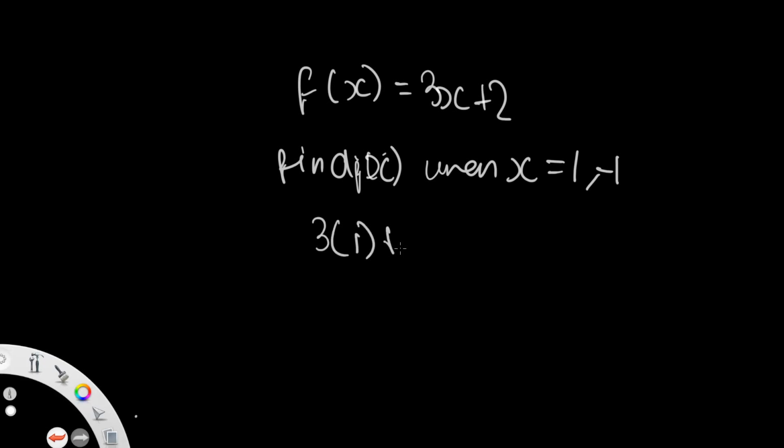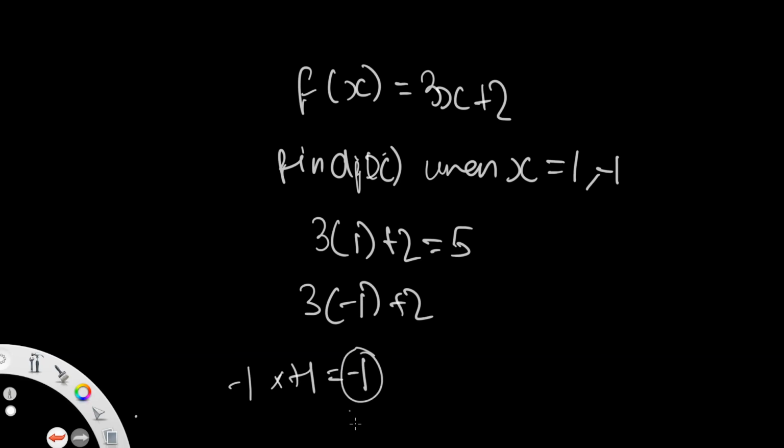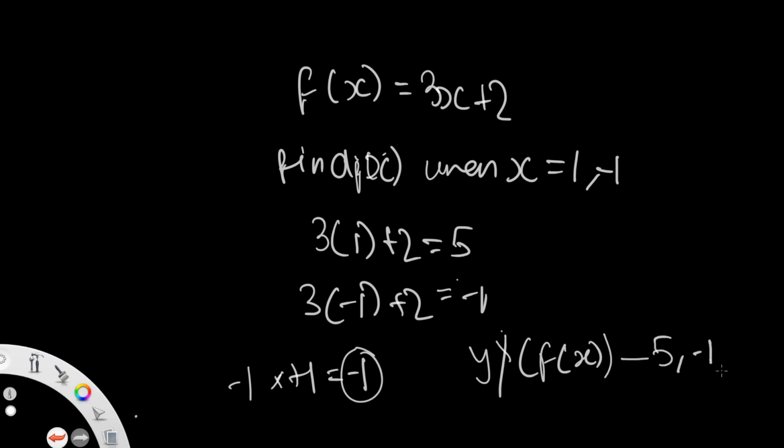So 3 times 1 plus 2 is equal to 5, and 3 times negative 1 plus 2 makes this a negative, because negative 1 times positive 3 always gives a negative number. So negative 3 plus 2 is negative 1. So our two y values, or f of x, are 5 and negative 1 correspondingly.